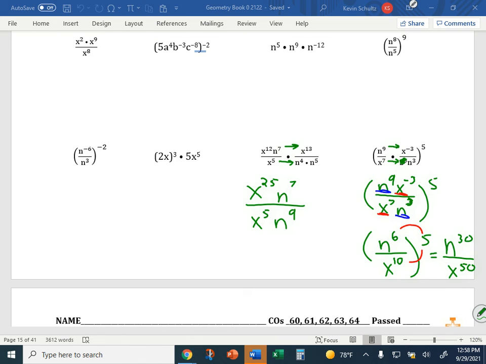Peter? X to the 20th. And n to the 7th over n to the 9th. How many n's and where are they? Joel? X to the 20th over n squared.